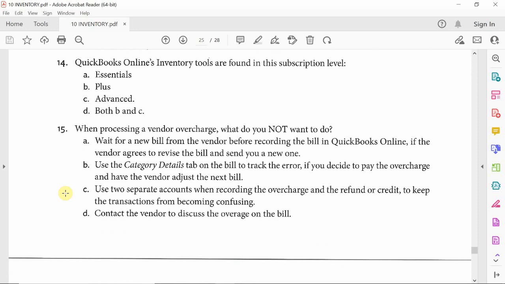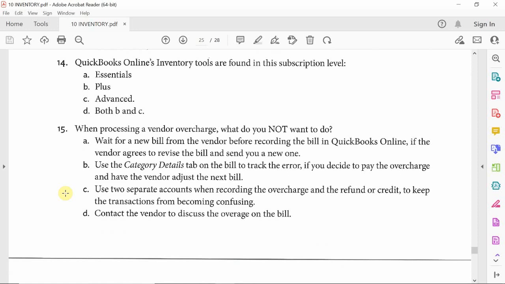Would you wait for a new bill from the vendor before recording the bill in QuickBooks?